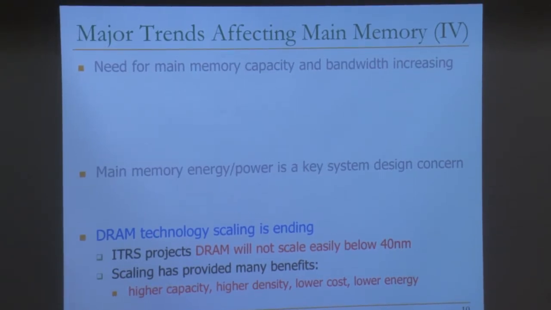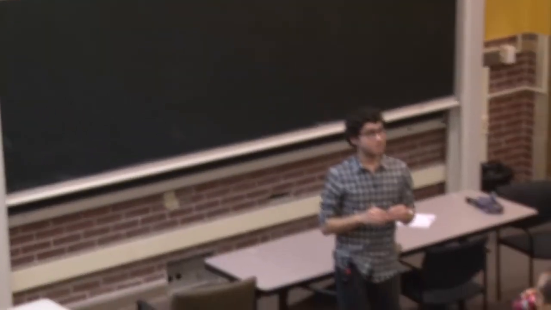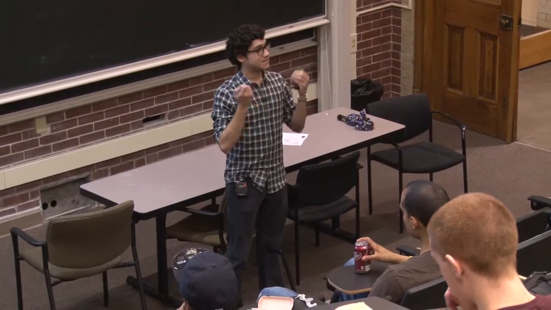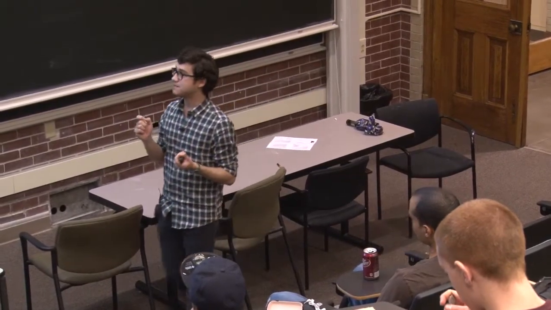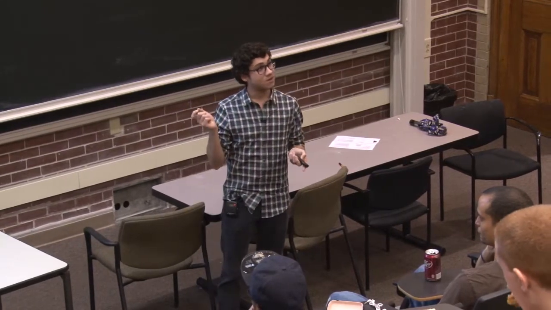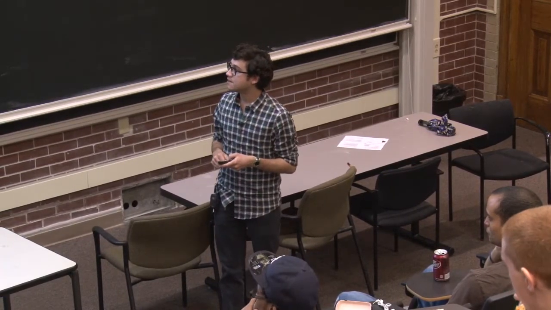Now, maybe that particular figure doesn't really make much sense, but let me put it into perspective. They believe that in the next few years, there don't currently exist technological ways of fabricating DRAM that goes below that capacity. So we're going to start to hit this wall relatively soon.